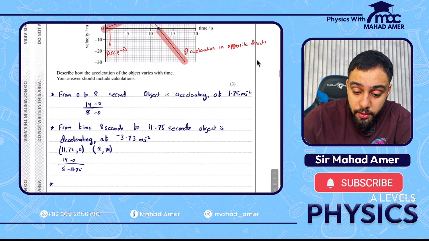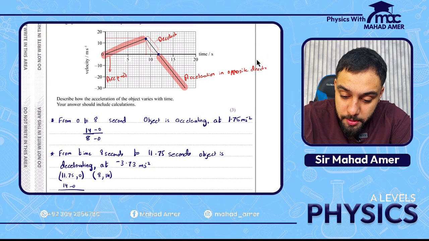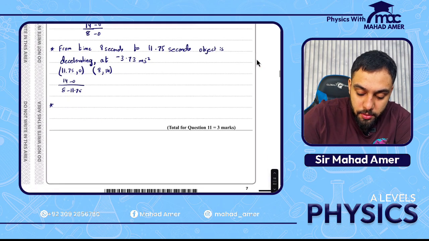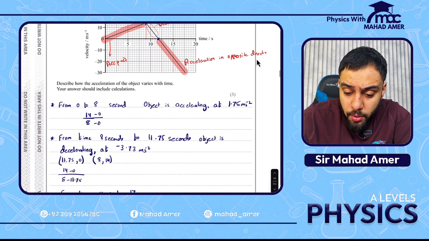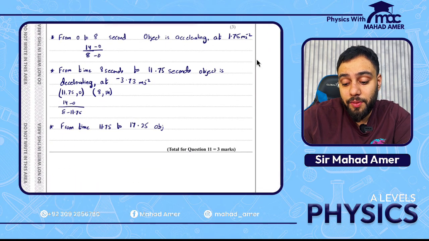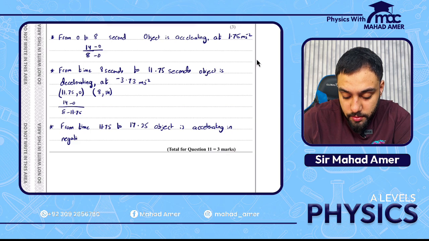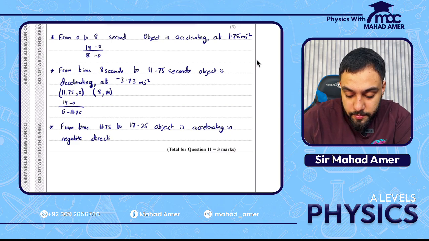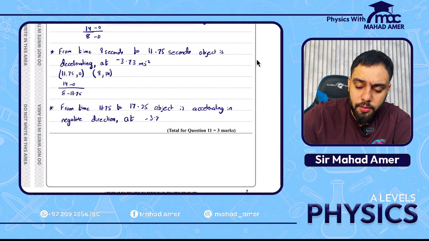And then you can safely say from time 11.75 to around 17.5, or 17.25, the object is accelerating in the negative direction. So the object is accelerating in the negative direction at negative 3.73 meters per second square.